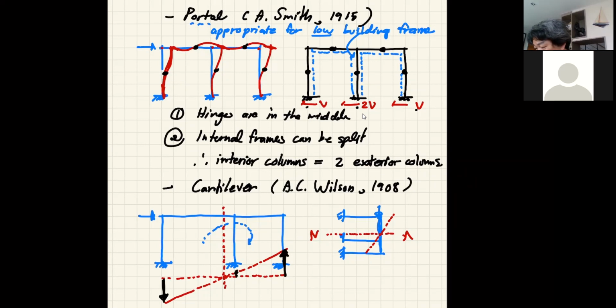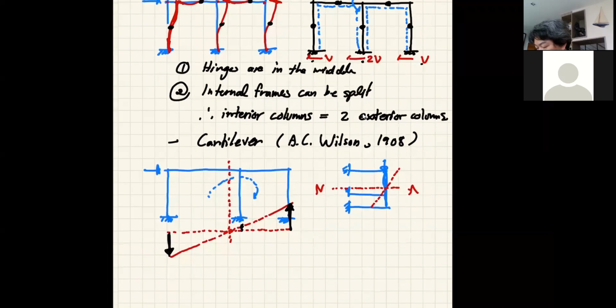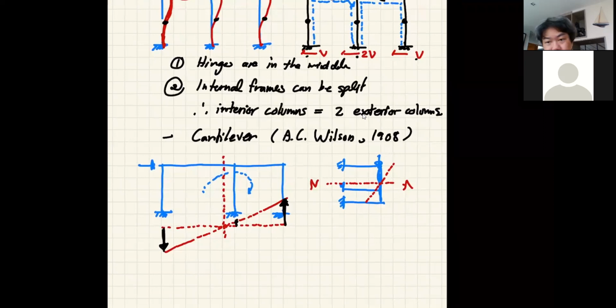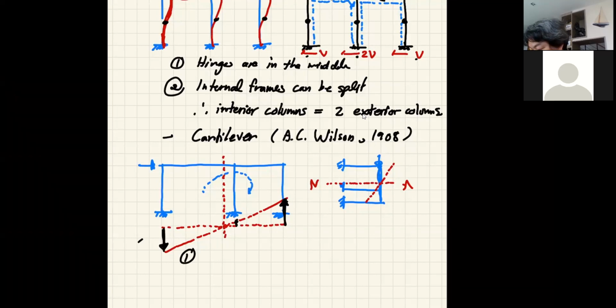And to do this, in order to use this relationship to calculate, again, hinges are in the middle as usual. Same, you know. So it should be here as usual.